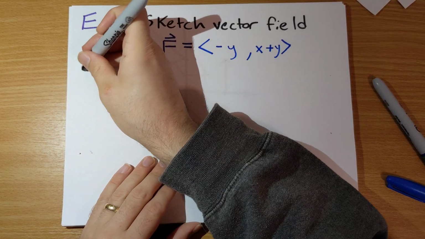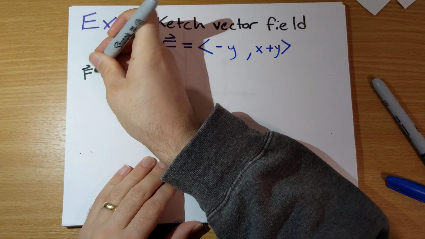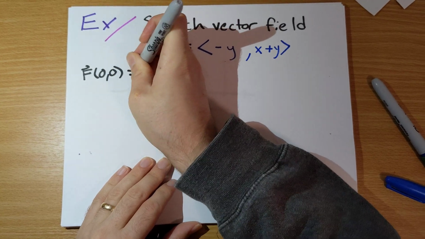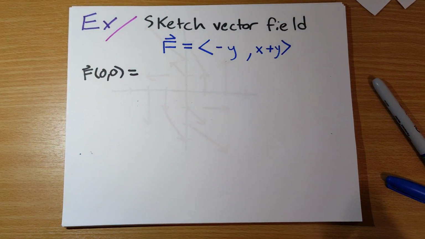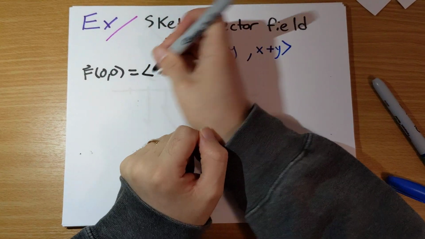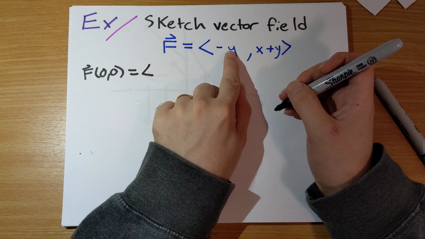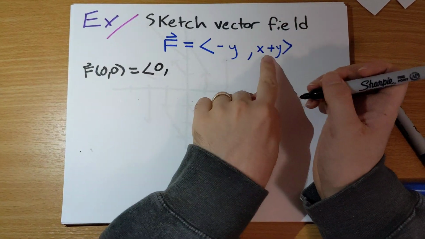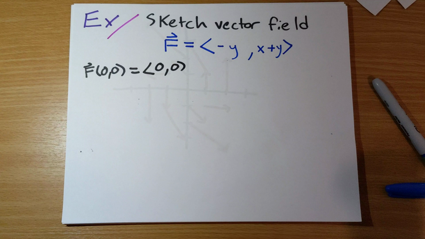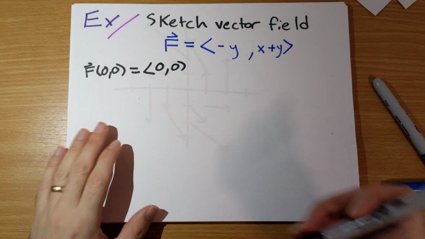Well, we should just compute our vector field at several points here. So F of 0, comma 0. Associated to the point 0, 0 is -0, comma 0 plus 0. Okay, so the 0 vector gets associated to the origin.